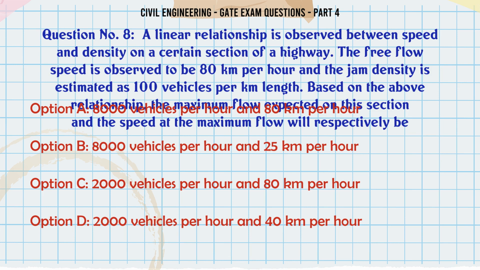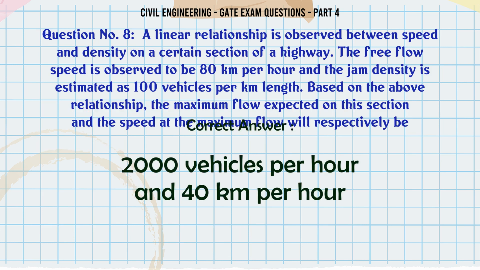B 8,000 vehicles per hour and 25 km per hour. C 2,000 vehicles per hour and 80 km per hour. D 2,000 vehicles per hour and 40 km per hour. The correct answer is 2,000 vehicles per hour and 40 km per hour.